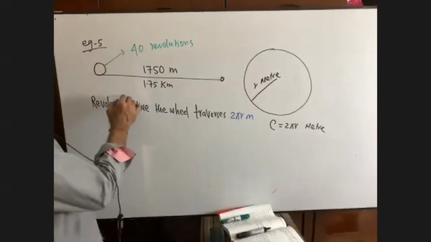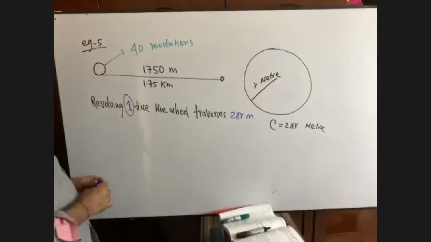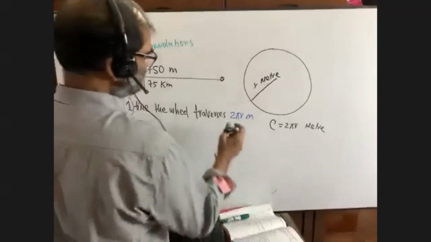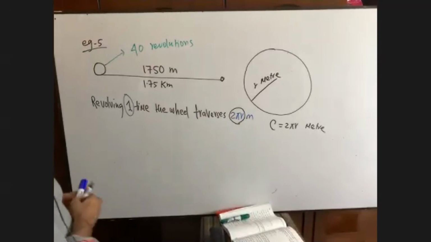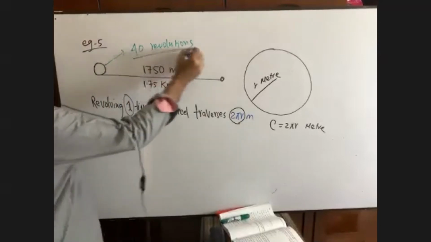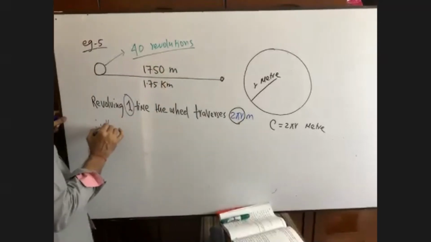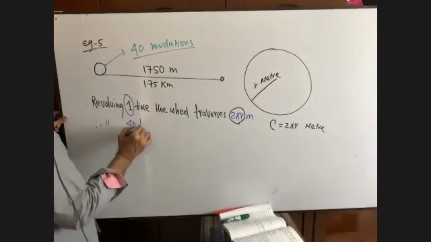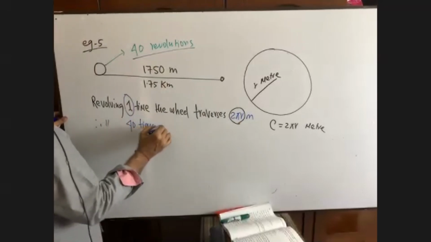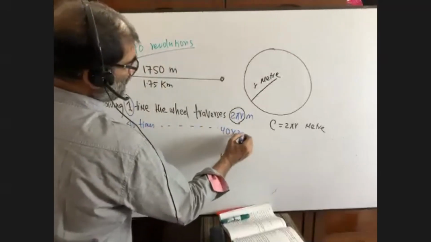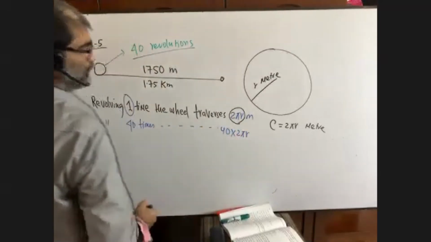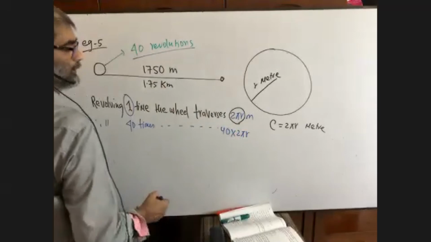So give emphasis here, it is one time and it is the circumference 2 pi R, right? So here it is given 40 times. Write down, therefore, revolving 40 times, the wheel traverses 40 into 2 pi R meter.